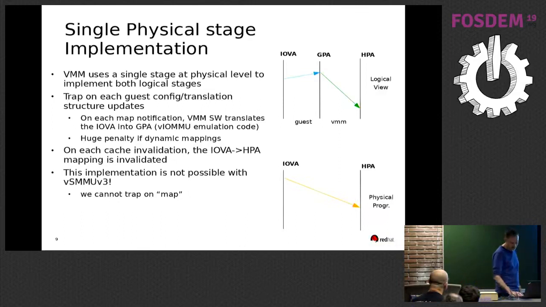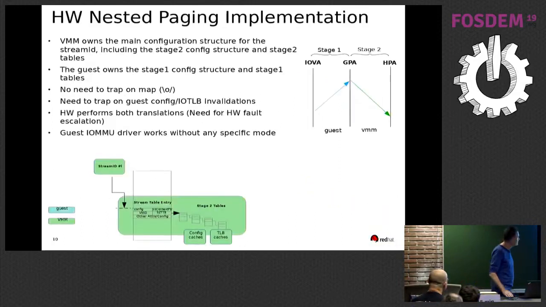So we were obliged to look at something else, and this alternative is based on hardware nested paging, because the System MMU specification specifies this hardware implementation. It is an implementation choice to implement both stages at physical level. Some platforms won't implement that, but some do.